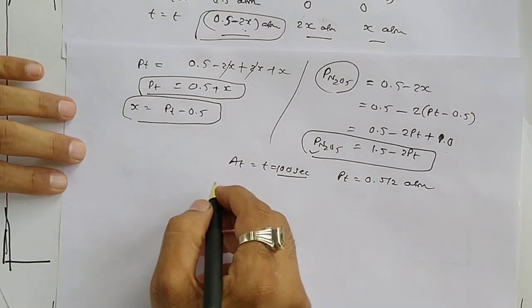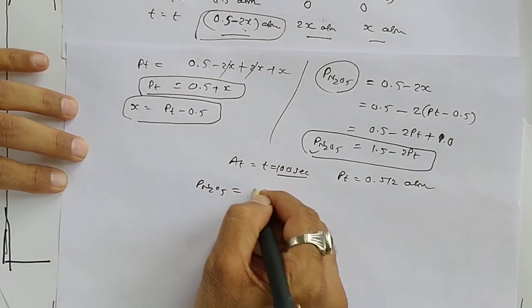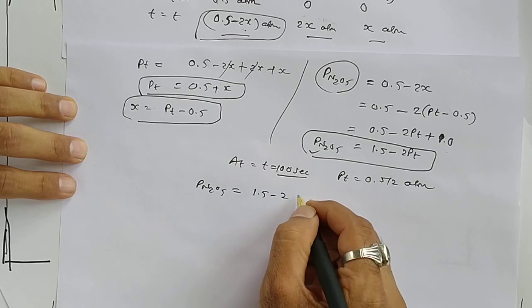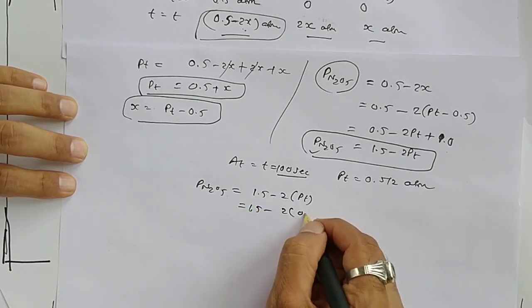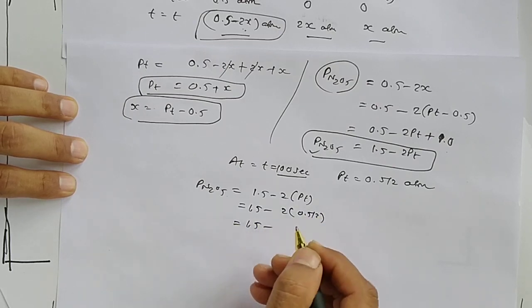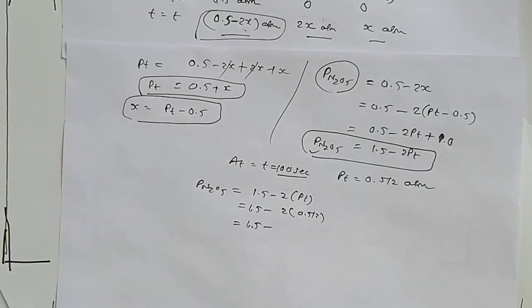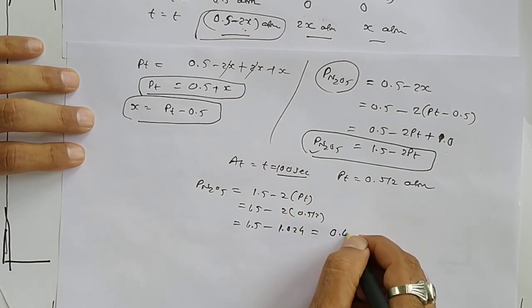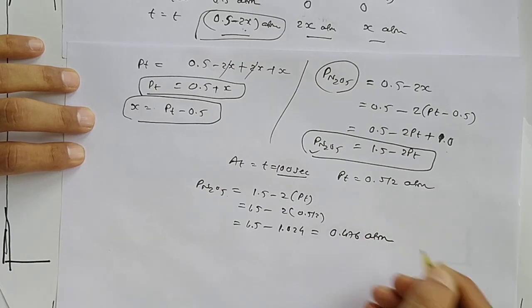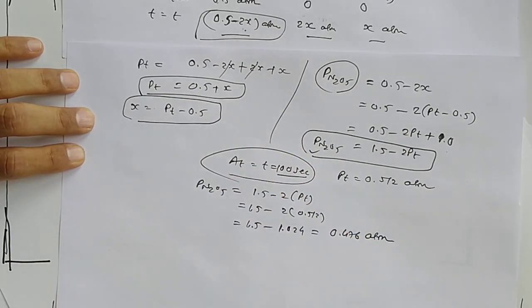The pressure of N2O5 will be 1.5 minus 2 into PT, 1.5 minus 2 into 0.512. 0.512 into 2 gives 1.024. So final pressure is 0.476 atmosphere at 100 second.